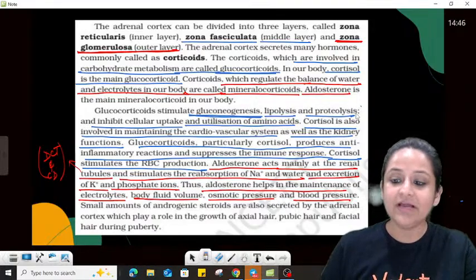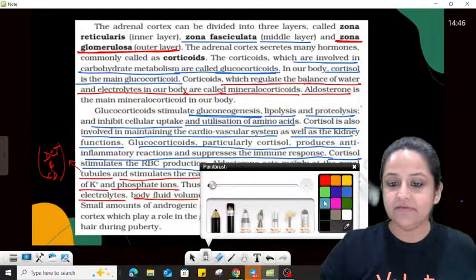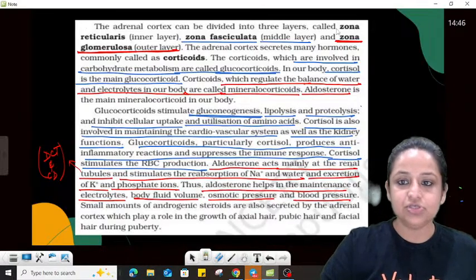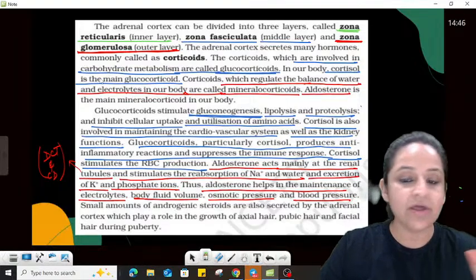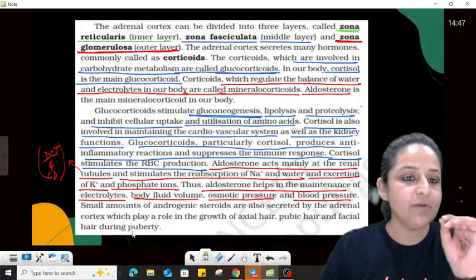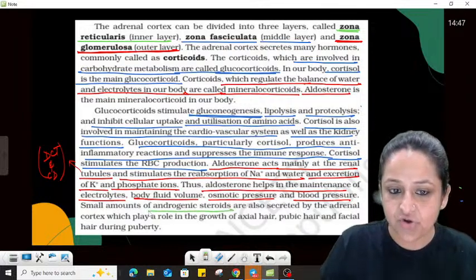And now we are coming to the last part. The last layer is the reticularis. Zona reticularis, the last layer, the innermost layer. What is zona reticularis doing? It is going to produce a small amount of androgenic steroids like testosterone.